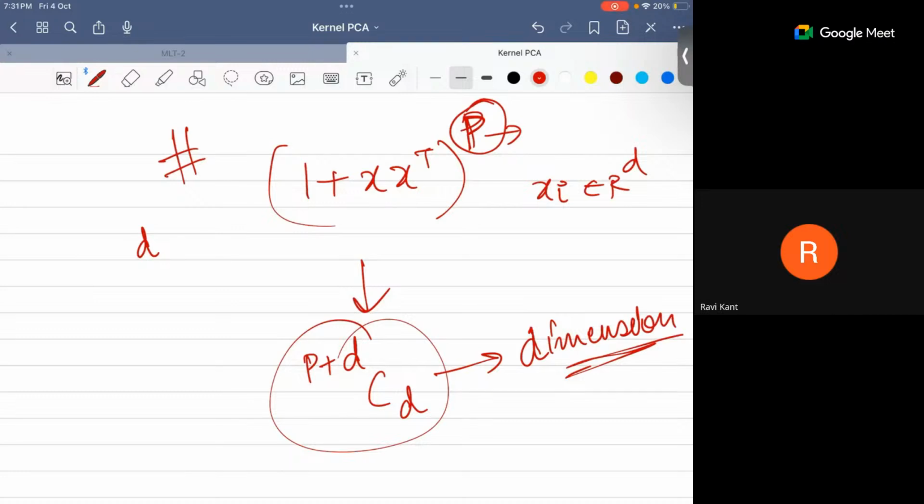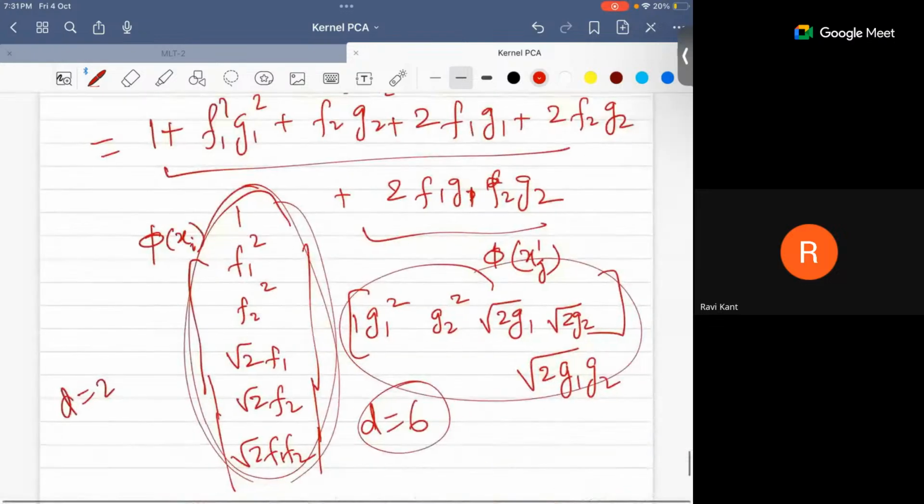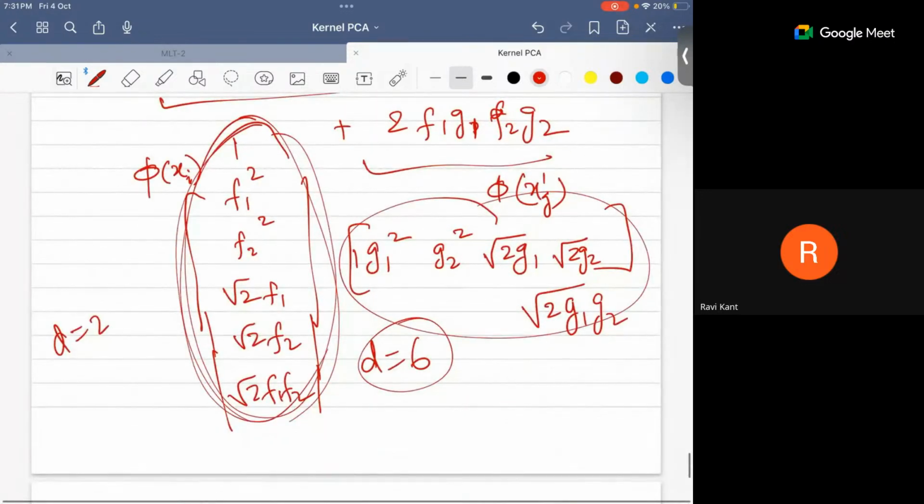For us, we were working with d equals 2, and we took the help of the polynomial kernel function of degree 2. It was going to a 6-dimensional space with some mapping, and we got an idea of which mapping it was doing. So this is the mapping it was doing.